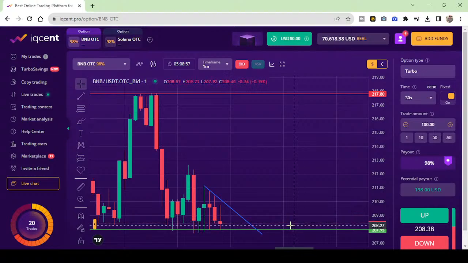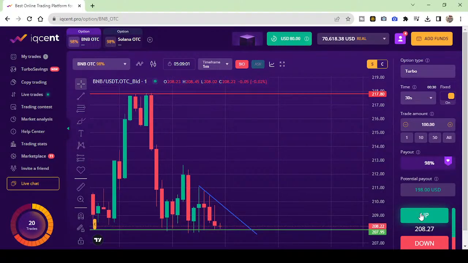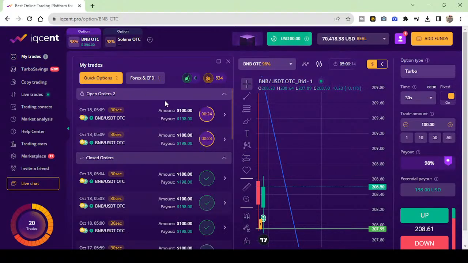Let's see. I did take an entry there. I think by mistake I did push 2 times, but let's see. Yeah, they take 2 trades in the same place, so let's hope we win, otherwise we can get 2 losses.